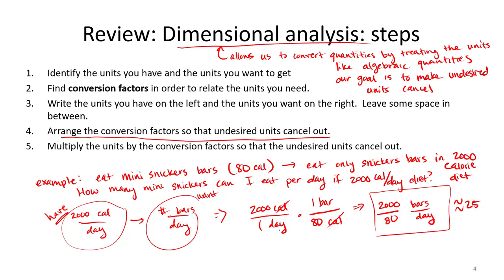So here I wanted to have bars per day, get rid of calories. So I arranged the conversion factors I knew in order to make the undesired units cancel. This approach is very useful not just for converting units, but also for performing estimation, as we will see later today.